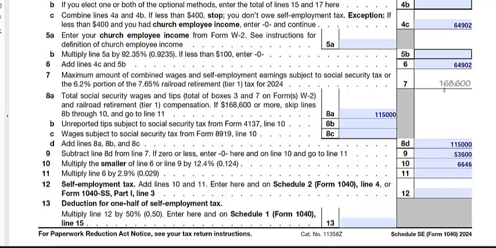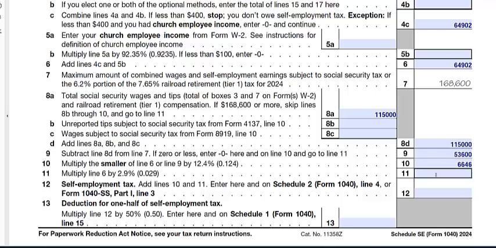Social Security has an earnings limit of 168.6. So after a taxpayer reaches that threshold, they no longer have to pay Social Security. So she and her employer have already paid Social Security on the $115,000. So she only owes Social Security on the remaining $53,600, not the entire $64,902 of her self-employment, because some of it has gone over the threshold.